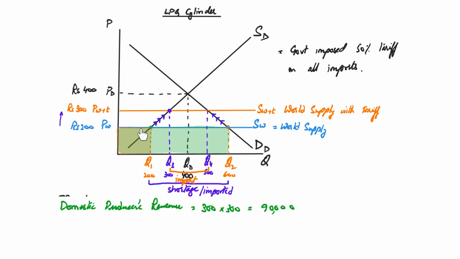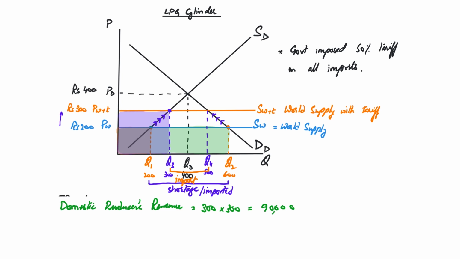The original was 200 units at a price of 200. So now the revenue has gone up. Let me highlight it. So your new revenue is this purple region, which is a lot more than our previous region.